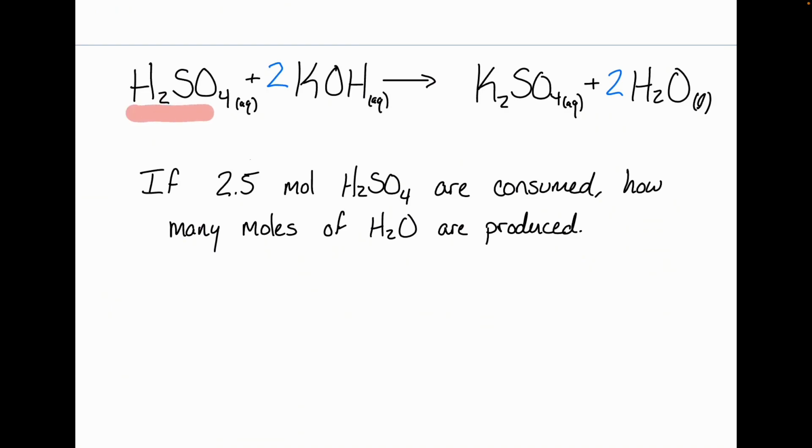I'm given an initial amount of sulfuric acid, and it's asking me for the amount of water that's produced.